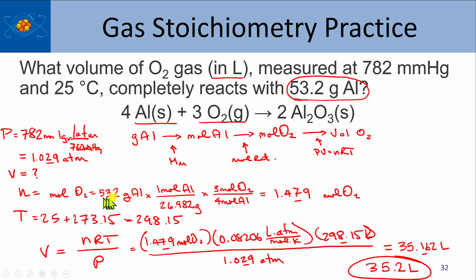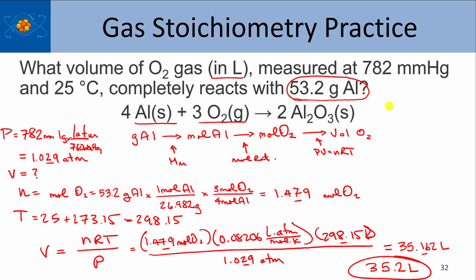I start with the 53.2 grams of aluminum, converted it to moles using molar mass, used the mole ratio to get to moles of oxygen, so it's about 1.5, roughly 1.479. And my temperature was 298 Kelvin, and then I just plugged it all into the equation, solved for V, and then plugged all the values in. I got 35.2 liters of oxygen gas produced under those conditions.